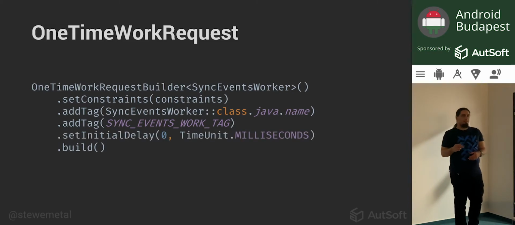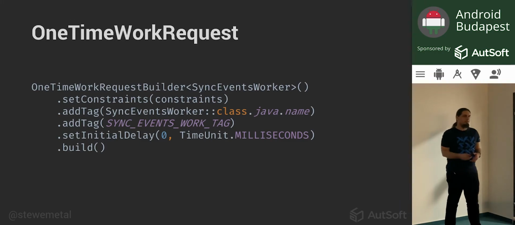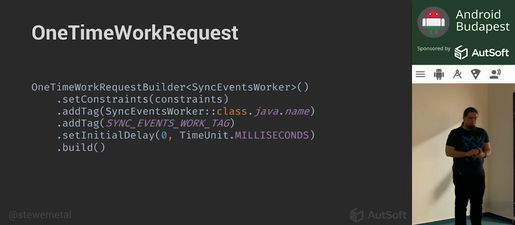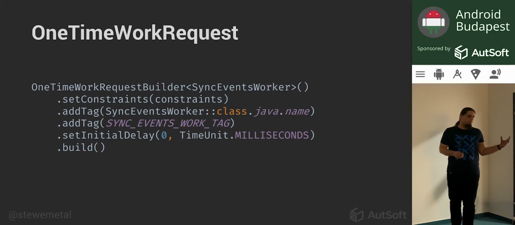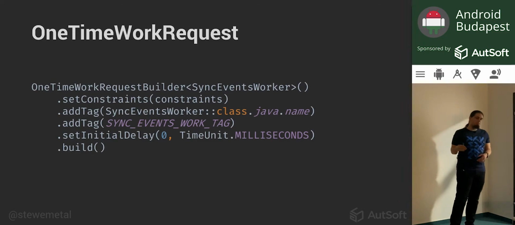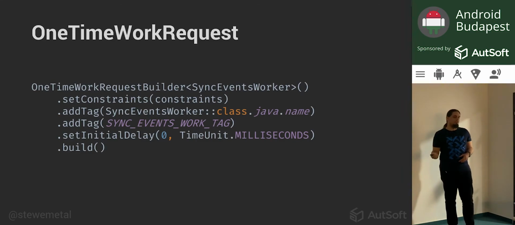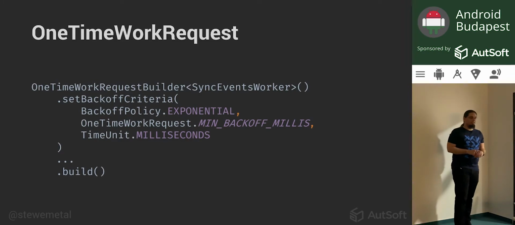Okay. Also, there is a setInitialDelay setting, also with this two-parameter method. This is the initial delay between the work getting into the system, into WorkManager, and the first time it gets scheduled by it. Also, there is a backoff mechanism working there.